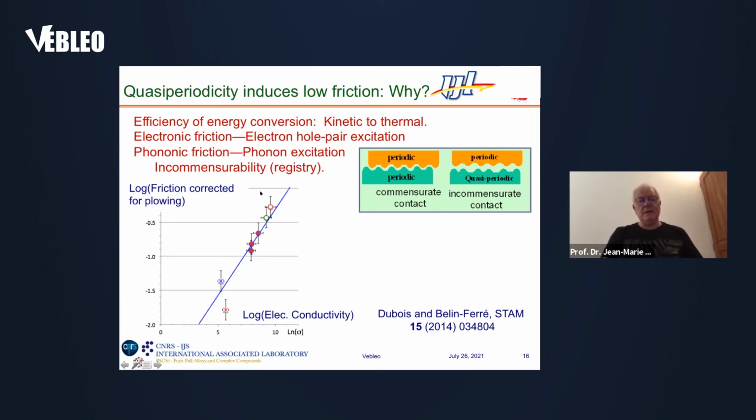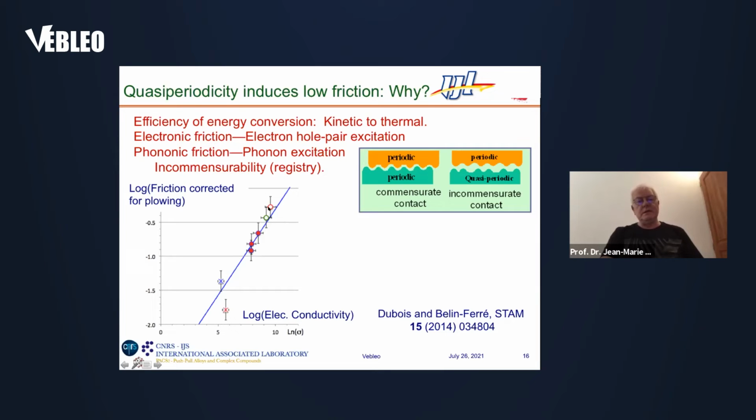You see that I can correct the friction from plowing after measuring the hardness of the material, and the adhesion term is remaining. And if I use different samples of different complexities, the resistivity of these materials increases from this to this, or the conductivity the other way around.